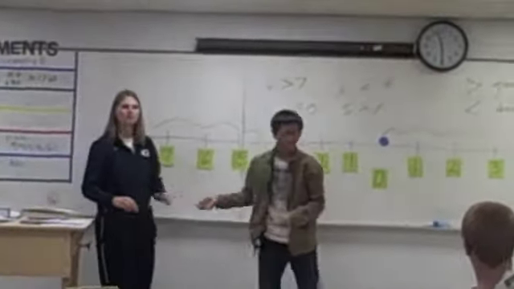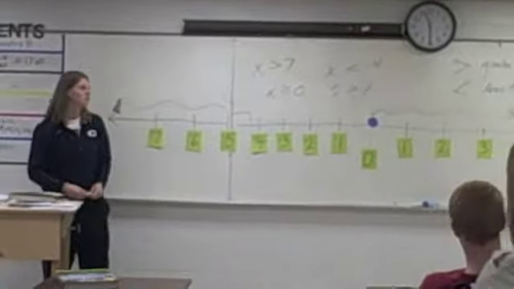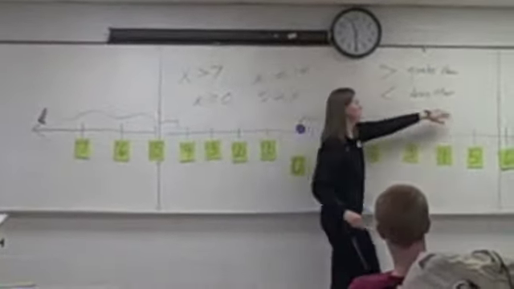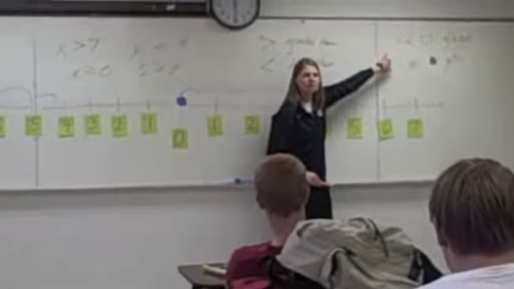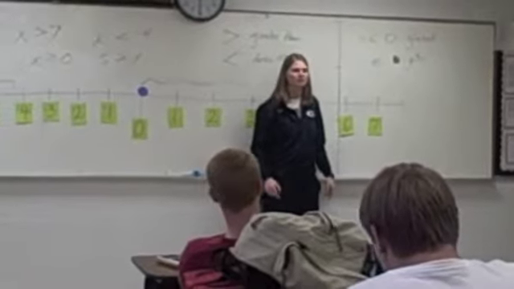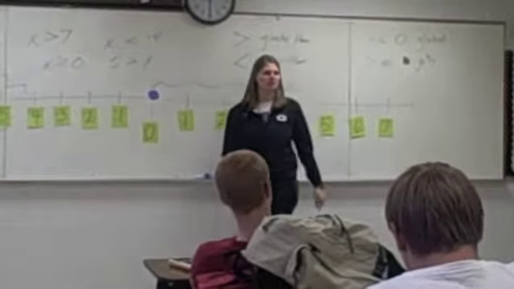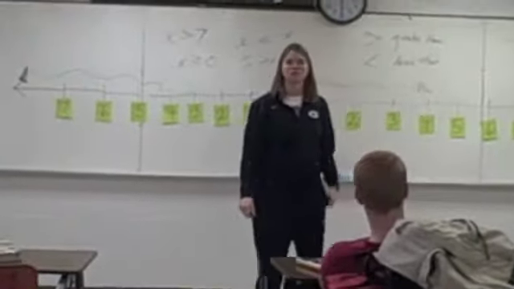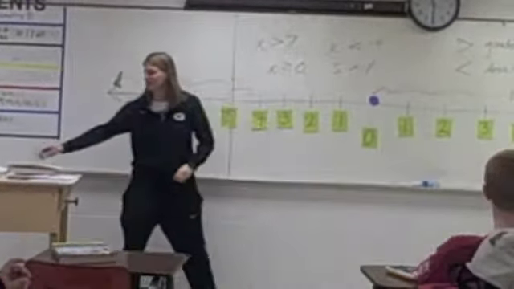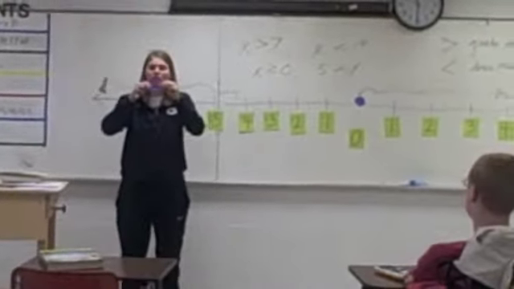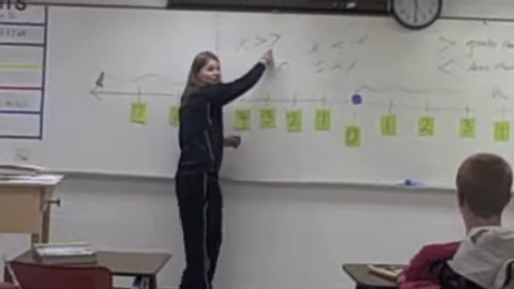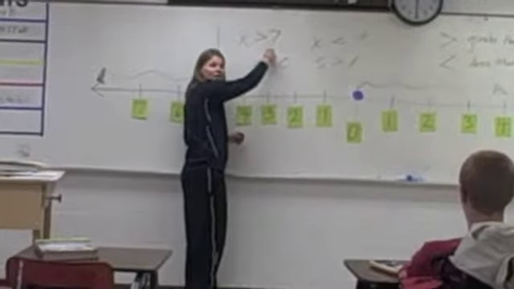Any questions? Do you have this written down in your notes? Does everybody understand the difference between glazed and jelly donuts? When do you use glazed? When it's an open circle, that's what a glazed is, and you don't include the number. It's greater than 7, but it's not 7. It can't be 7.